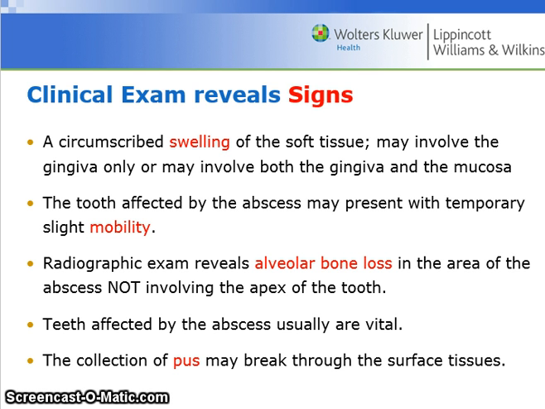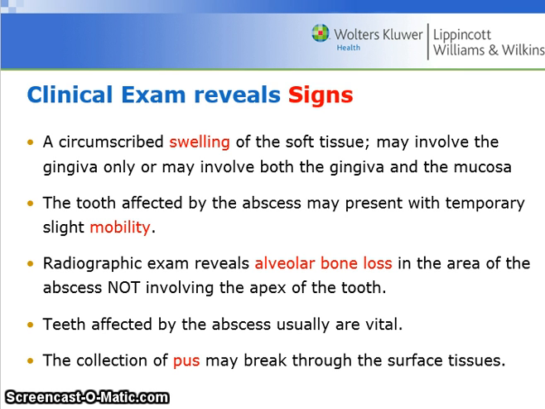When doing the clinical exam, you will see a circumscribed swelling of the soft tissue, which may involve the gingiva only or both the gingiva and the mucosa. The tooth affected by the abscess may present with temporary slight mobility.